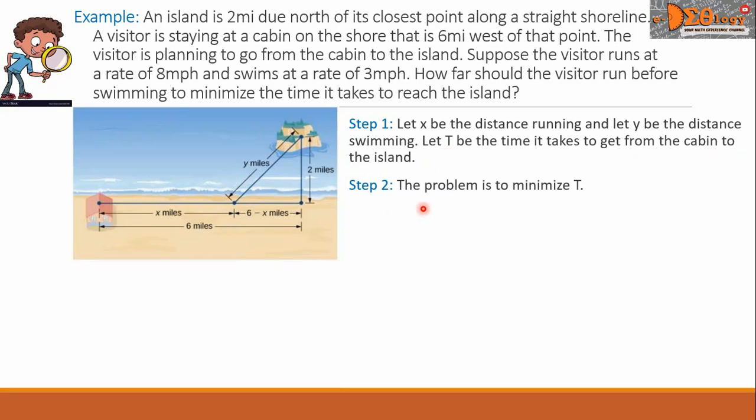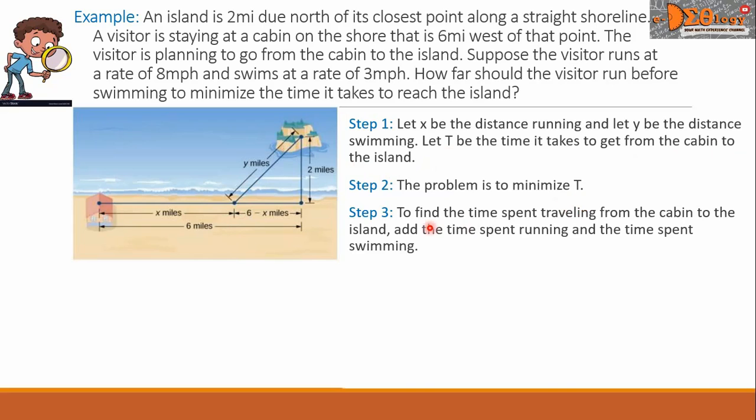Step 2, we identify that the problem is to minimize capital T, or time. Step 3, to find the time spent traveling from the cabin to the island, add the time spent running and the time spent swimming.